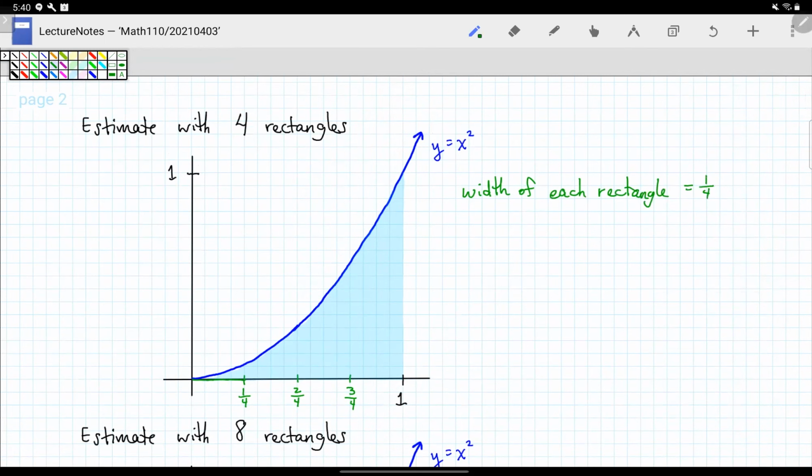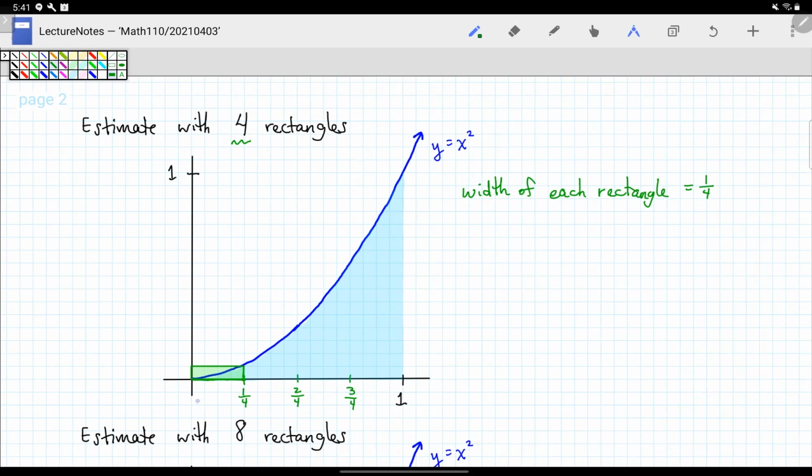That is because the total length of the interval from 0 to 1 is 1, and I have 4 rectangles, so I have that width of the interval divided by 4. Again, for the first one, I'm going to take the height of the rectangle to be the height of the function at the right endpoint of the rectangle. And 1/4 squared is 1/16.